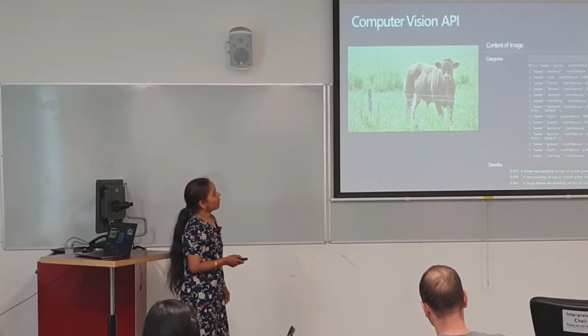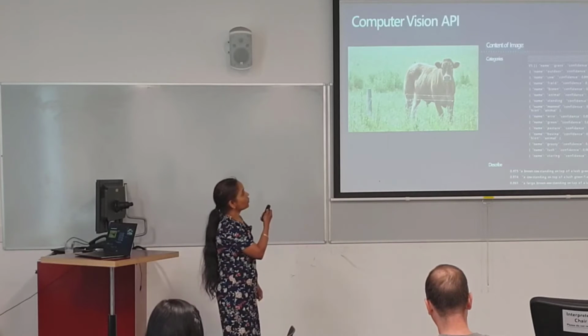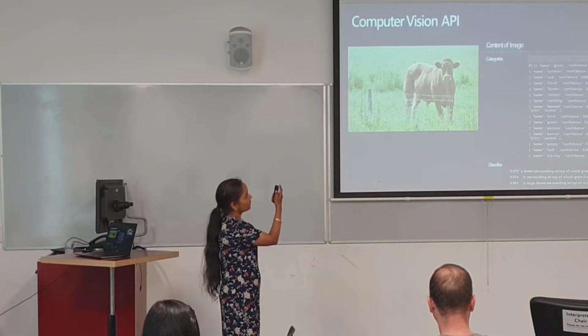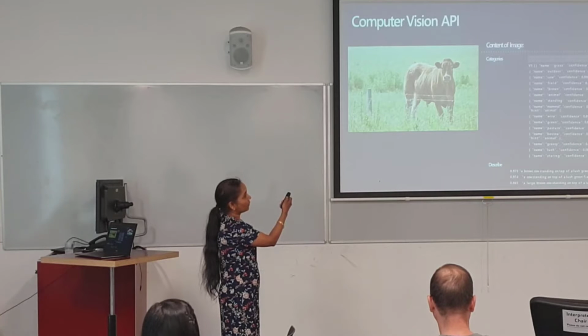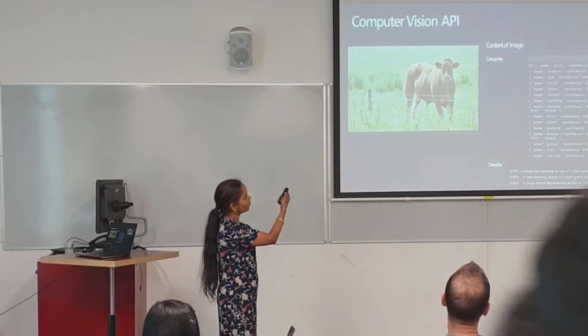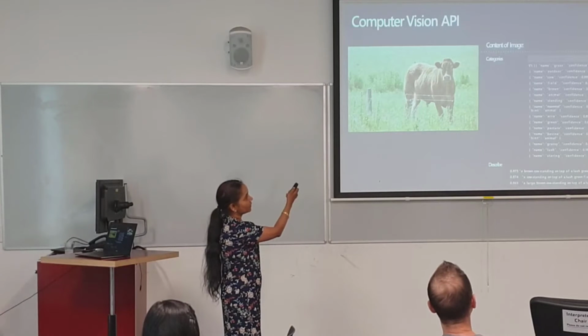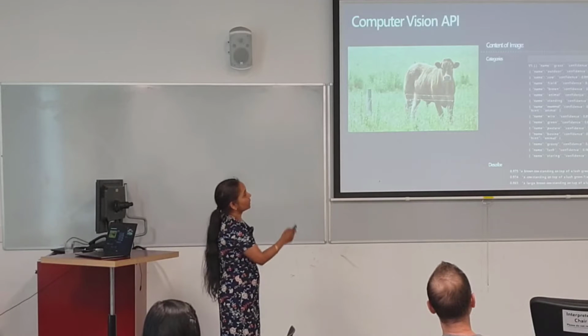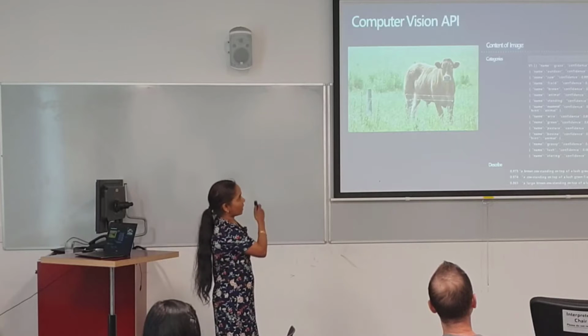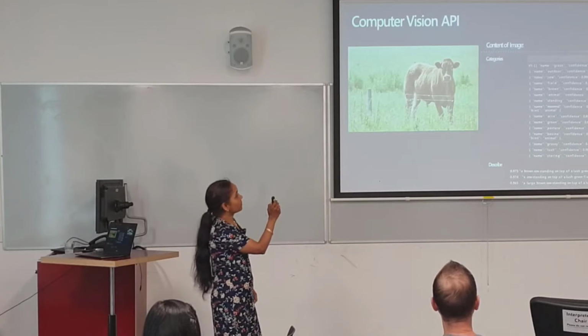And see, if you upload a photo like this, it categorizes with the confidence levels. You can see a lot of grass, right? So 99% it is grass, and it's outdoor, so that is also 99%.